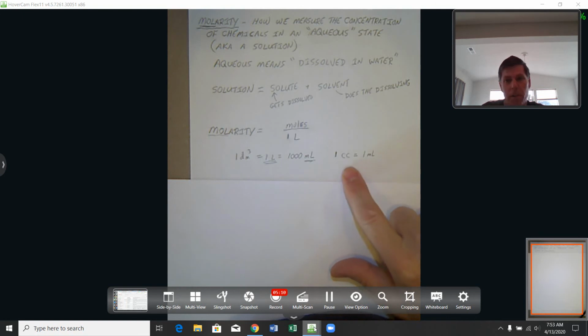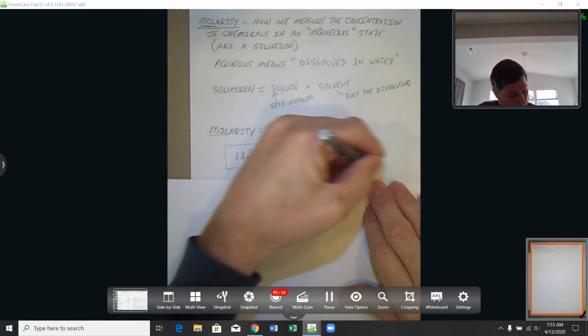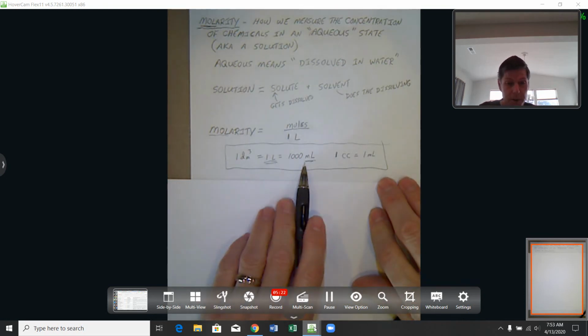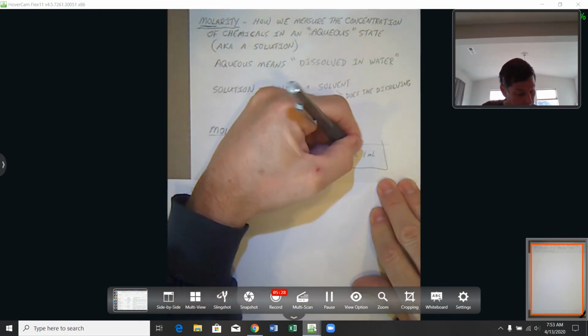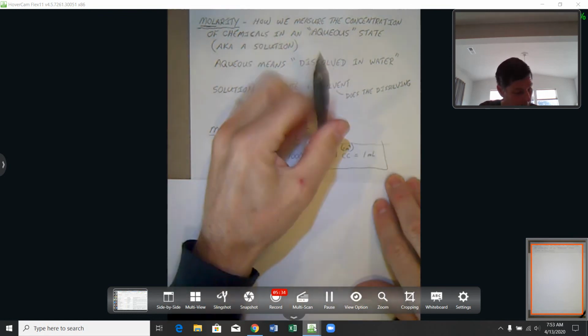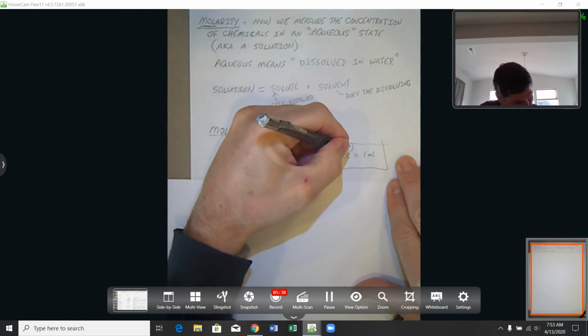Why? Because it's probably easier to say cc. So you do want to keep those in mind because you're going to need that information. Primarily, it's going to be the liters and milliliters, but periodically you might see this. Remember, cc is another way to write cubic centimeters.